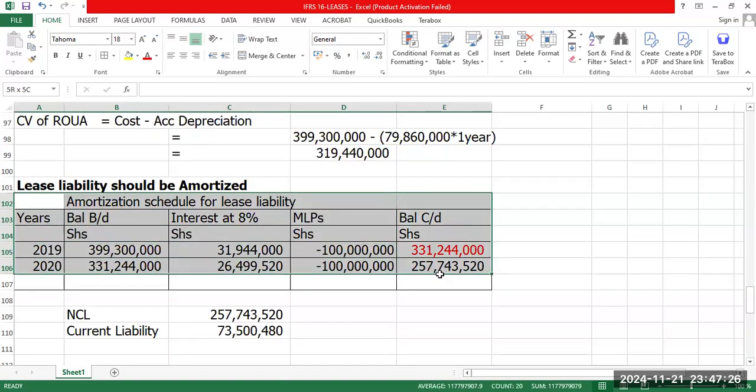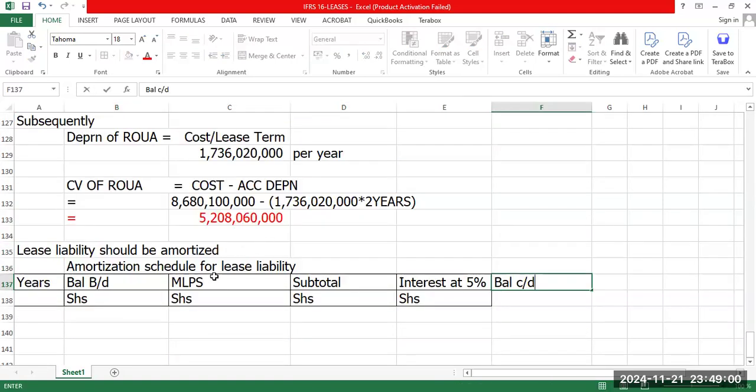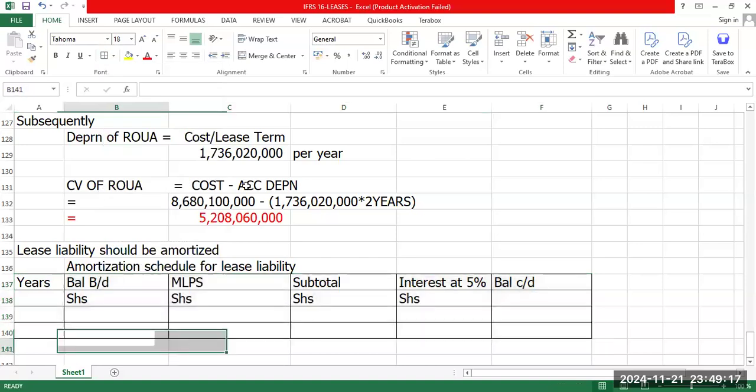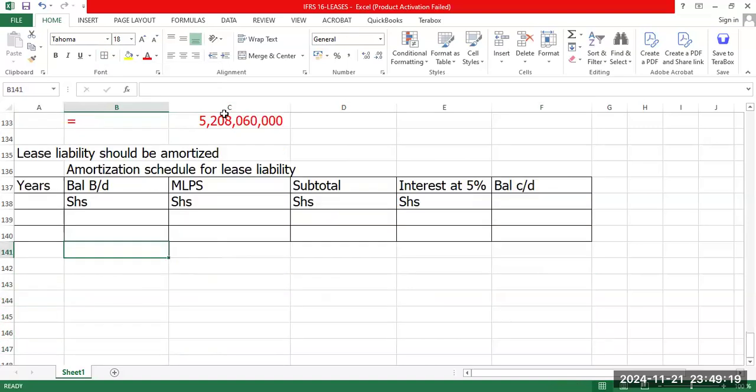But this time it will change, so you note the difference. This is our template when we are doing amortization schedule for lease liability in a situation where payments are made in advance.